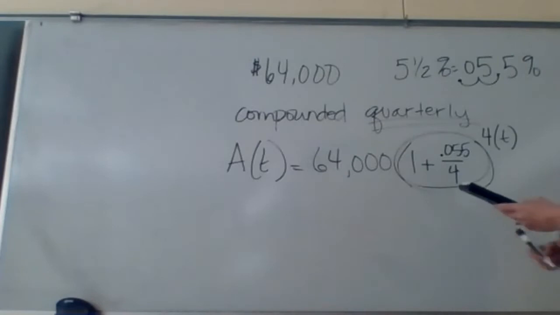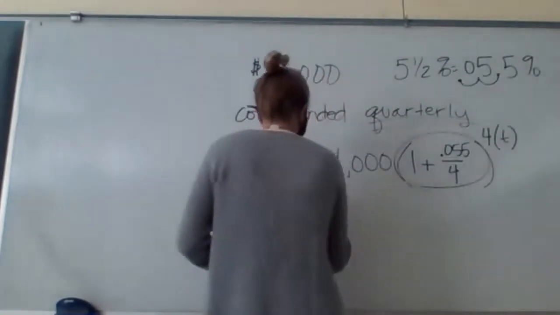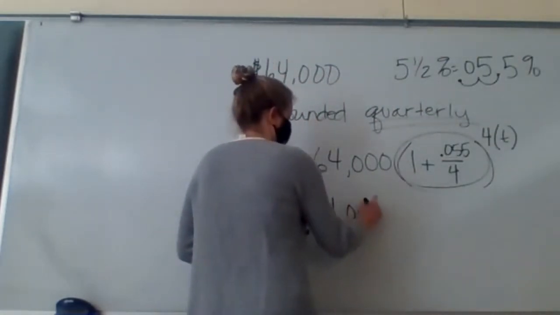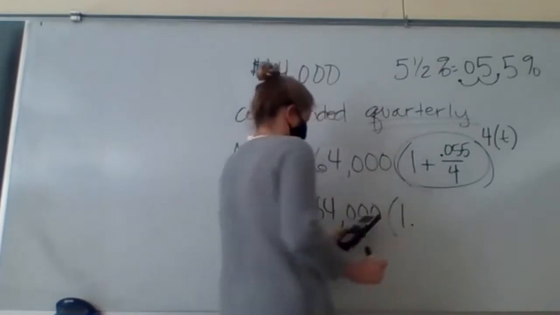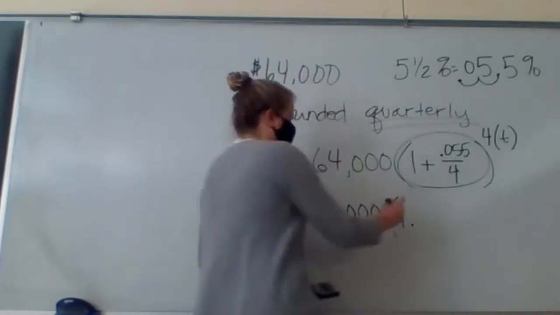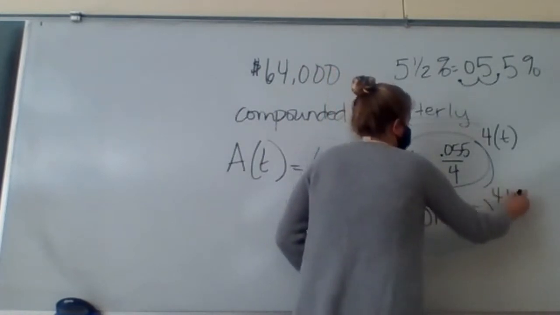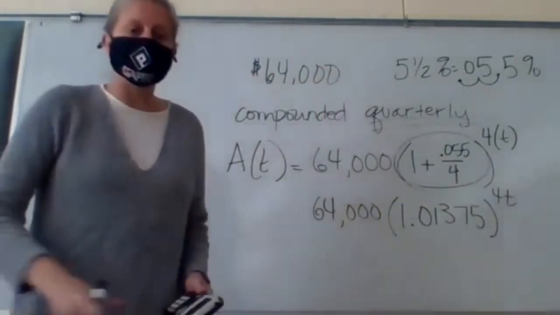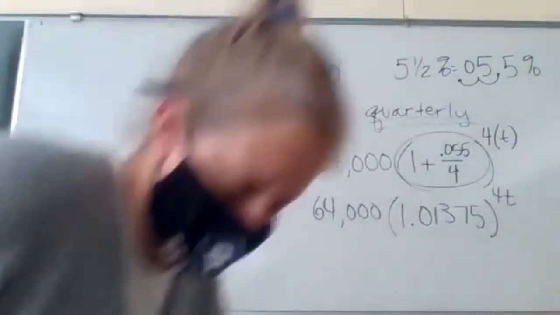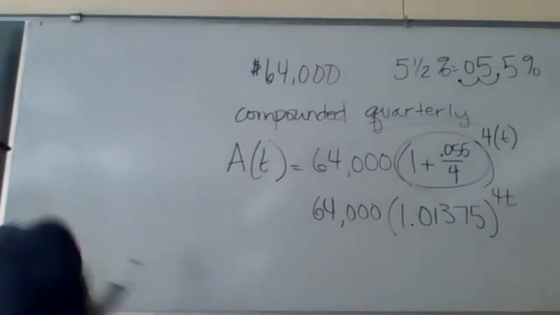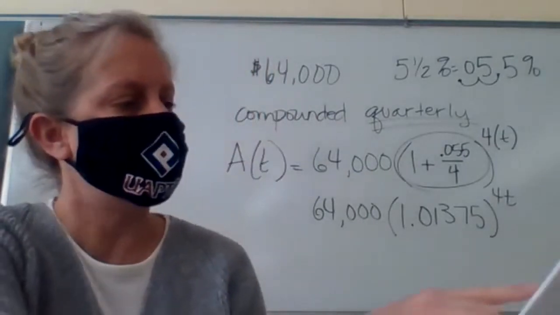So you get 1.01375 to the 4t. So that is the answer to the first part of the problem when it's asking you for the function.